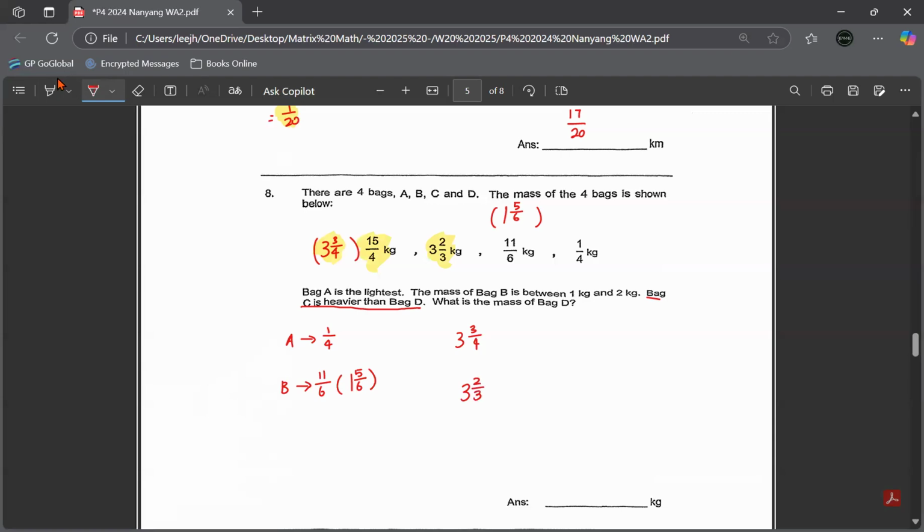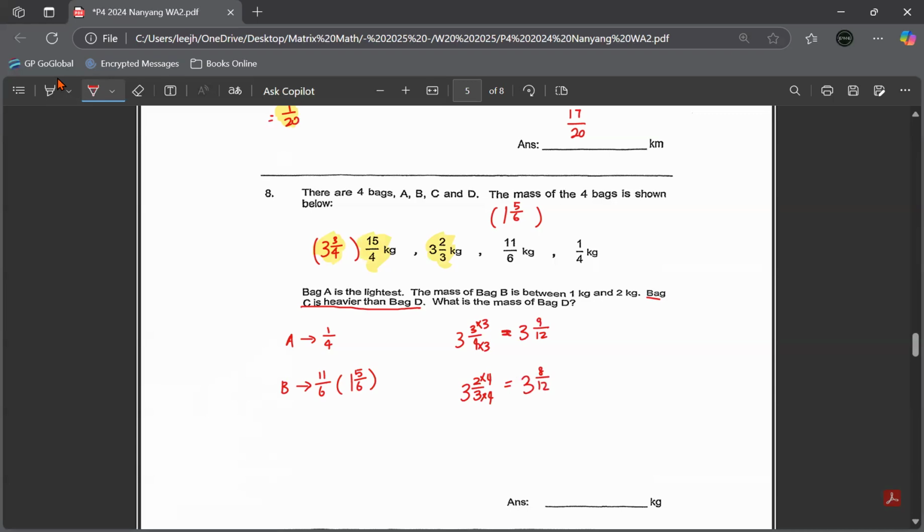If you cannot compare, we are going to express them with the same denominator so that we can compare. Okay, so 4 and 3, you can change to the same denominator of 12. So this one times 3, this one times 4. So you can see which one is greater. So this one is 3 wholes 9 over 12. This will be 3 wholes 8 over 12.